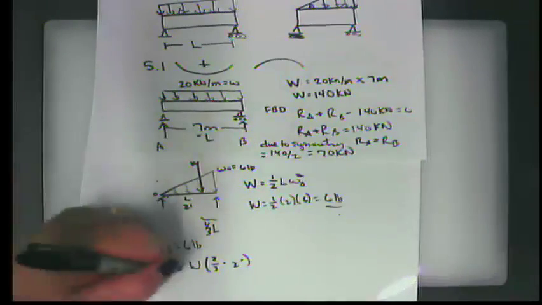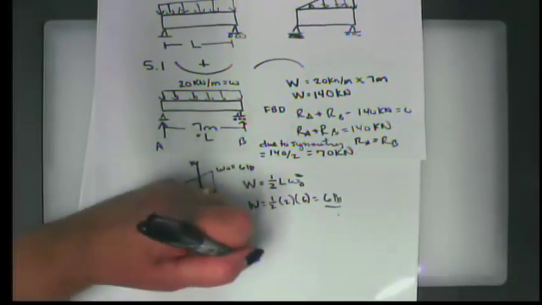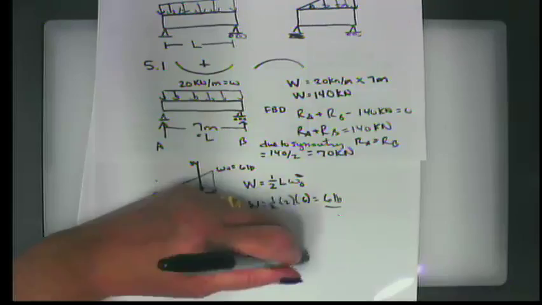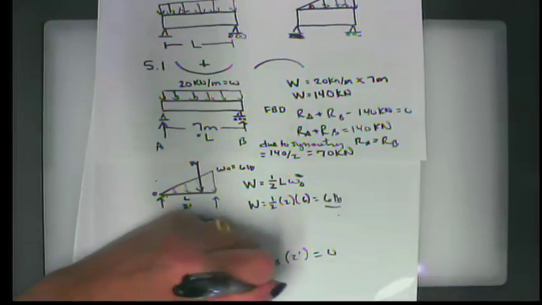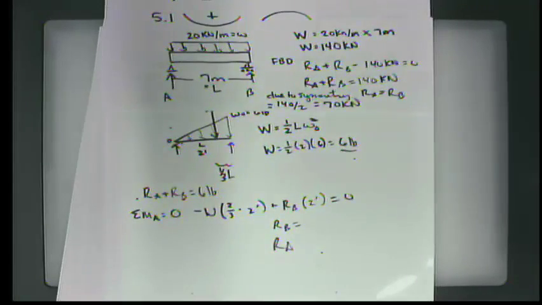And that pushes it counterclockwise, or clockwise, so it's negative. Plus R sub B times the entire length, which is 2 feet, equals 0. Then you can solve for R sub B, and from that you can solve for R sub A. All right, do you guys have any questions till you give this a go?